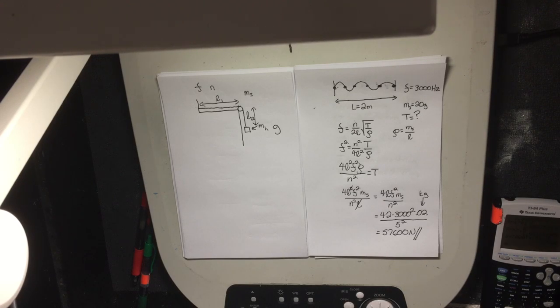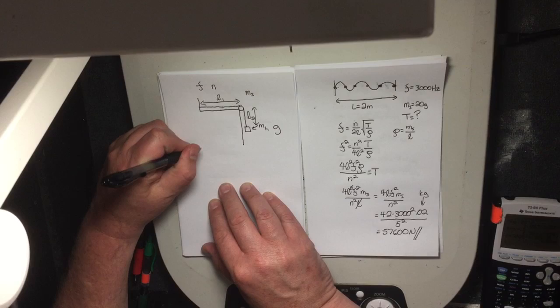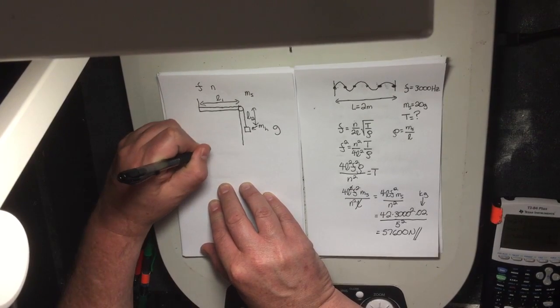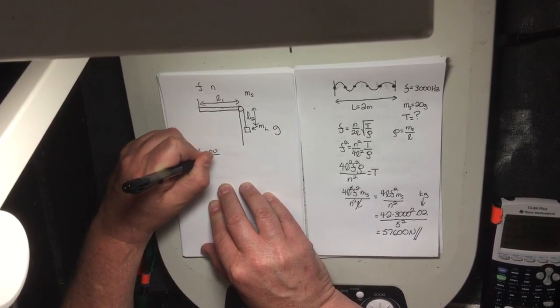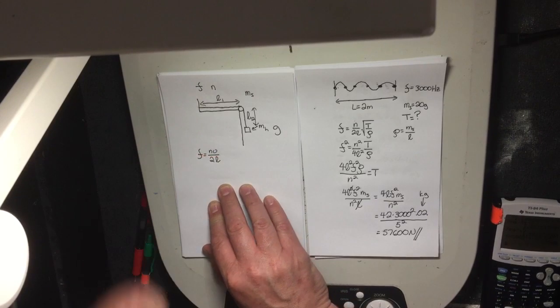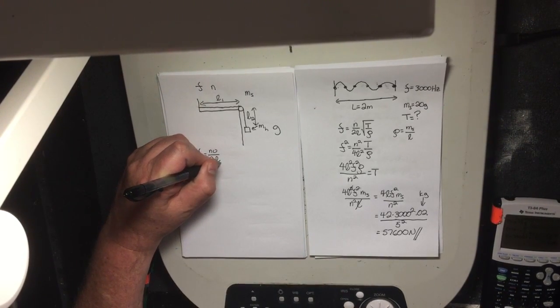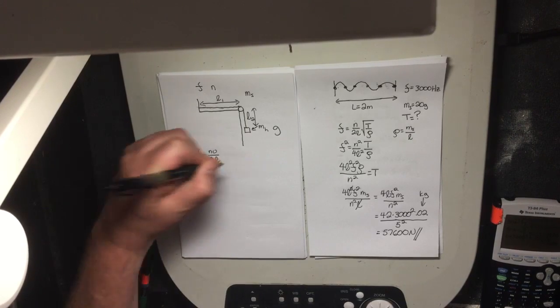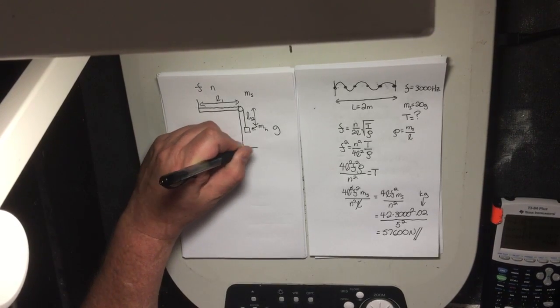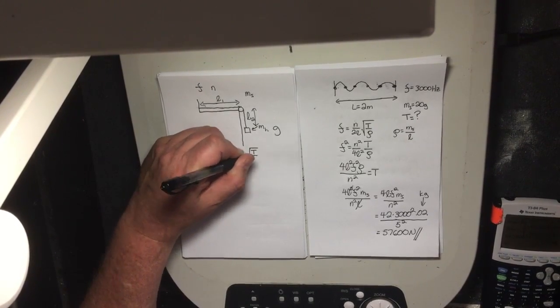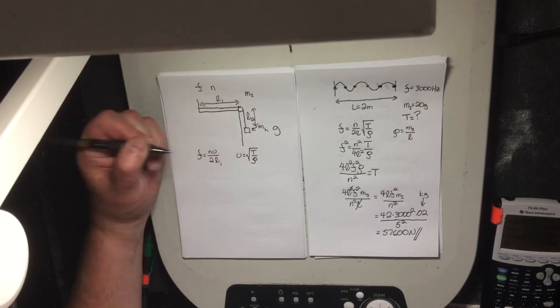So let's do this. The frequency is NV over 2L, where this L is the vibrating part. So it's L1. The V is the square root of tension over rho.